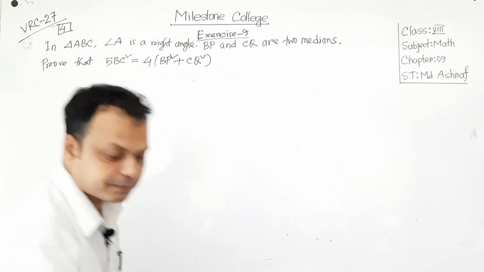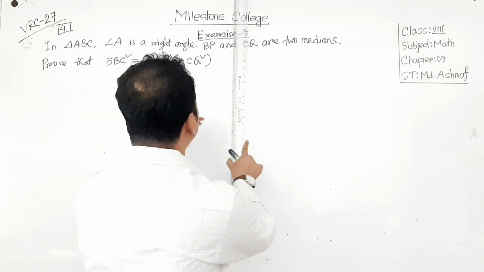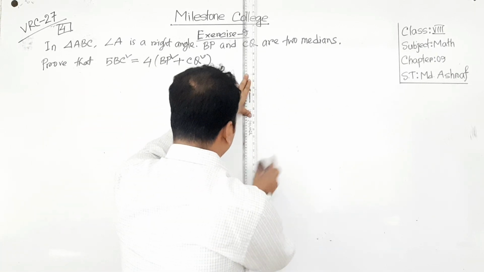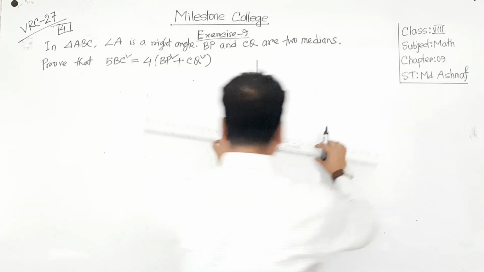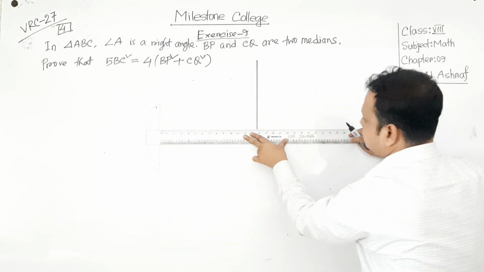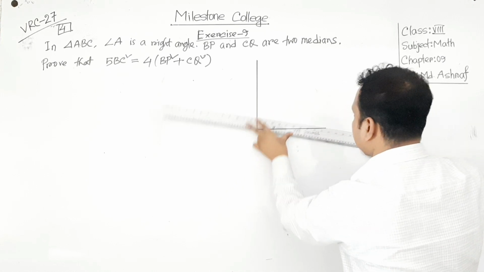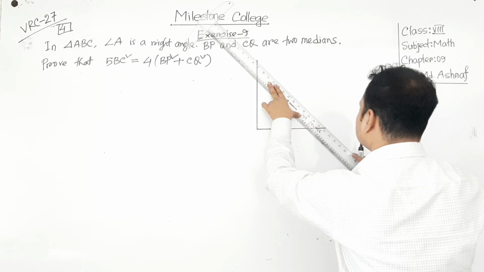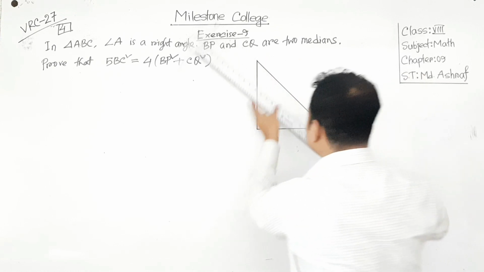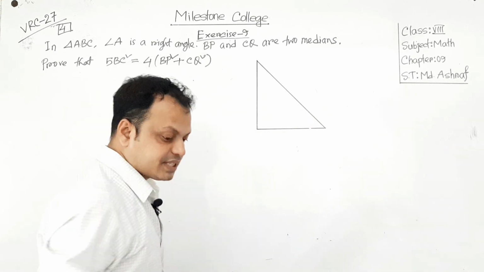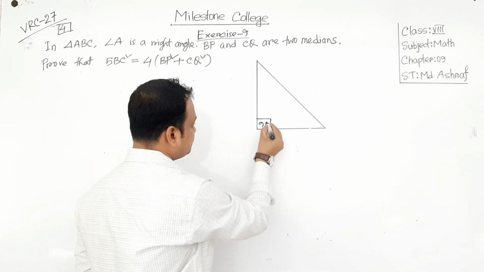At first, draw the figure. Draw a right angle triangle. Angle A will be 90 degrees. So this is the 90 degree angle.